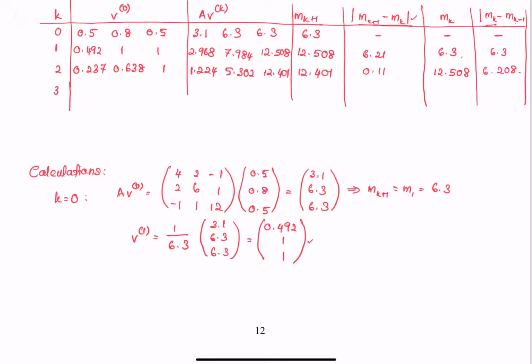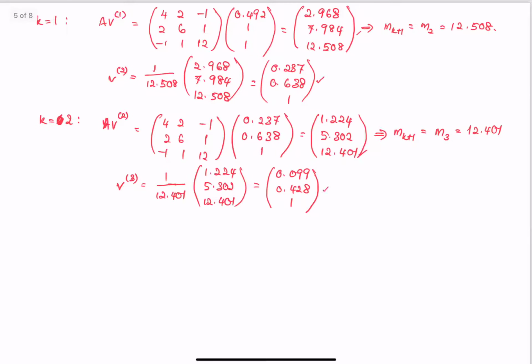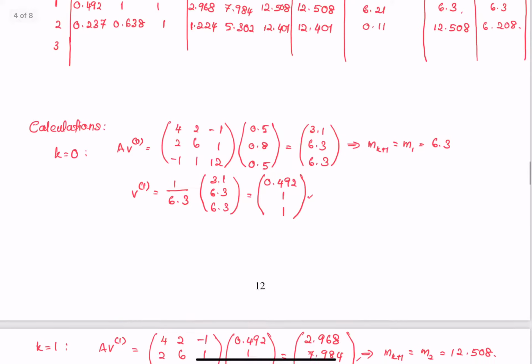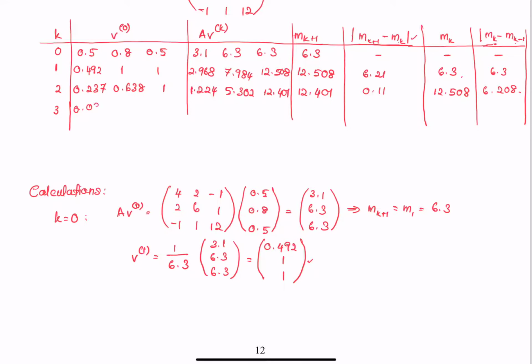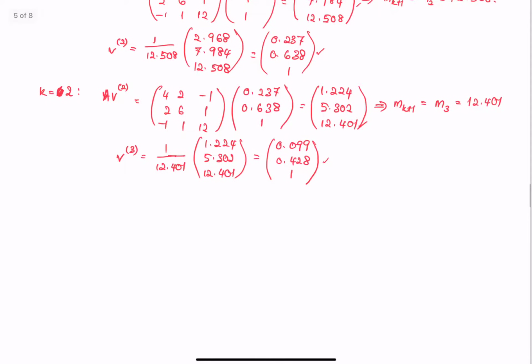And our V3, we know already this one, 0.099, 0.428, 1. And then we need to calculate AV3. k is equal to 3. We need to calculate first AV3, which is 4, 2, negative 1, 2, 6, 1, negative 1, 1, 12, multiplied by your V3, which is 0.099, 0.428, and 1.